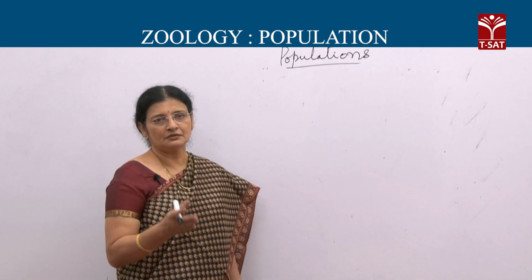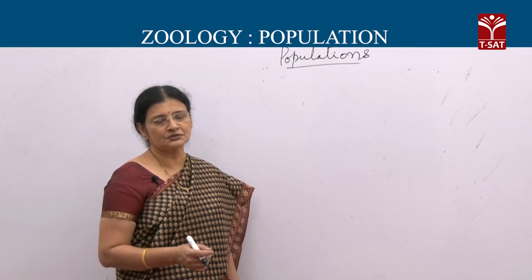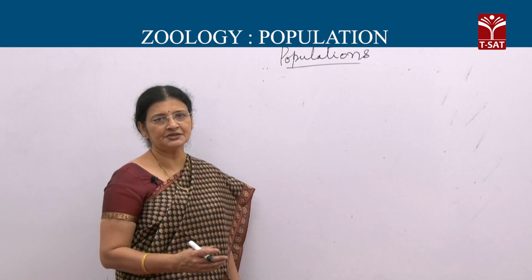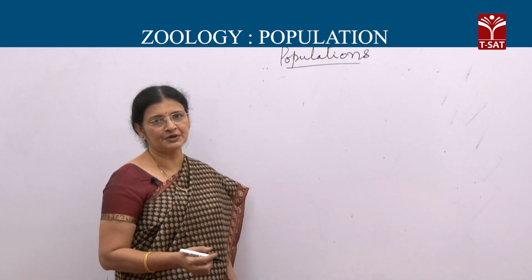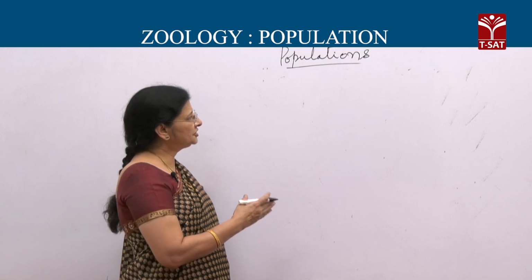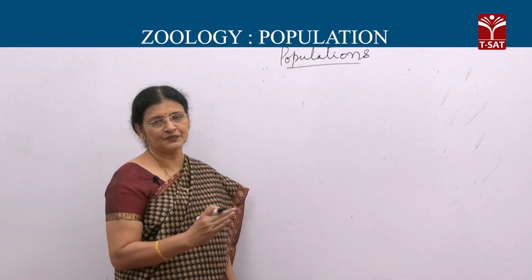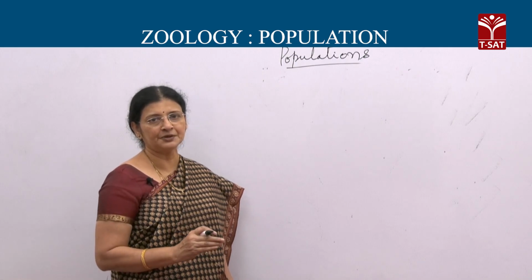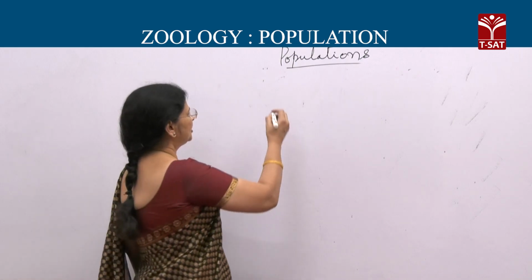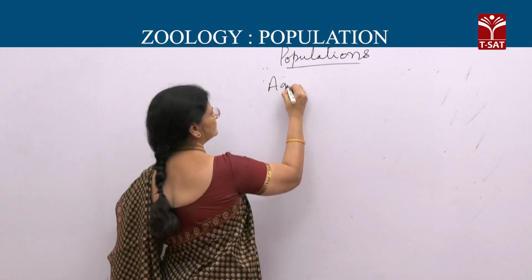If the older individuals are more, then the birth rate might be less, and we call it a declining or decreasing population. This description of a population is represented in the form of age pyramids.